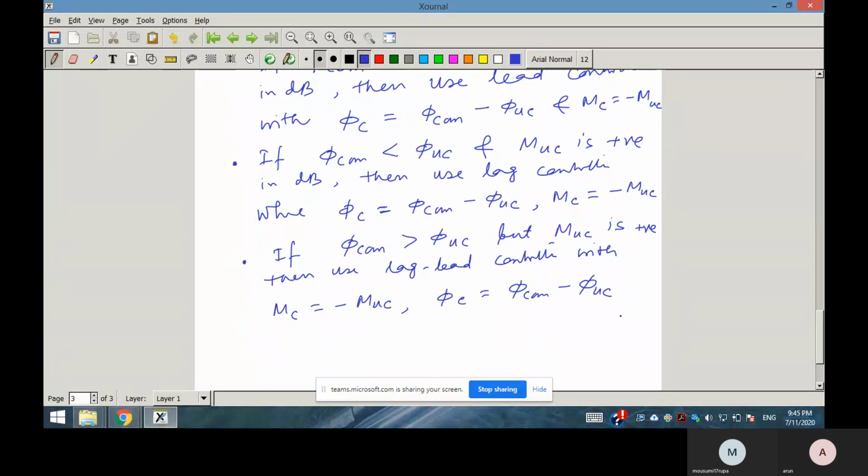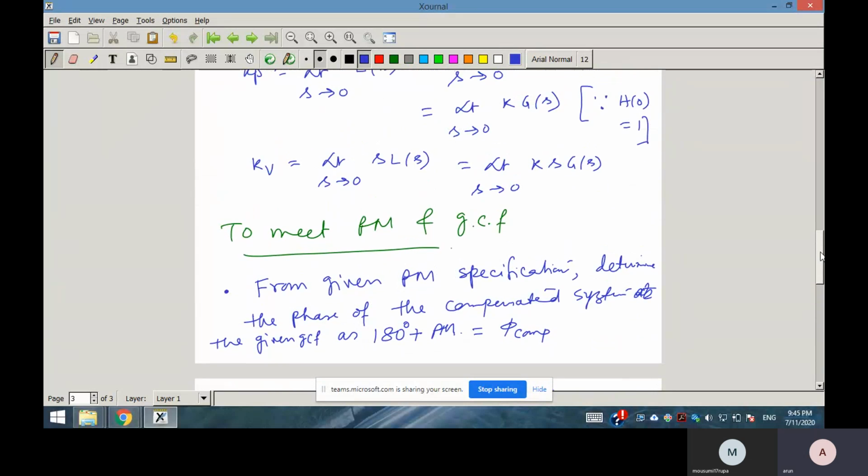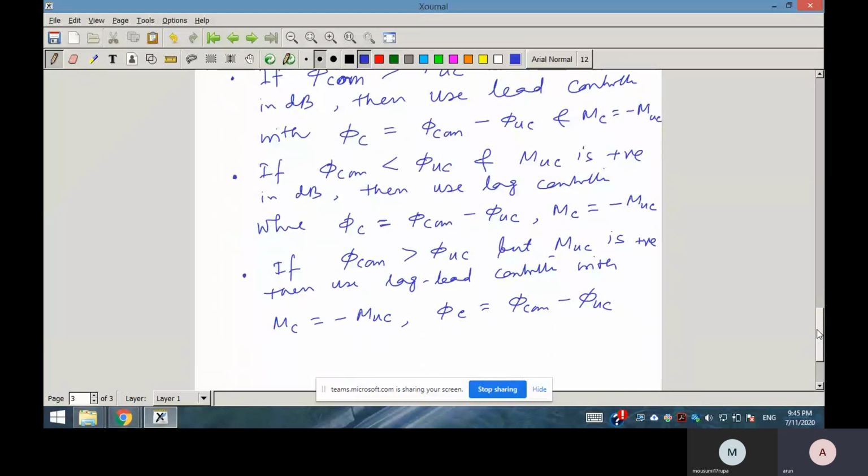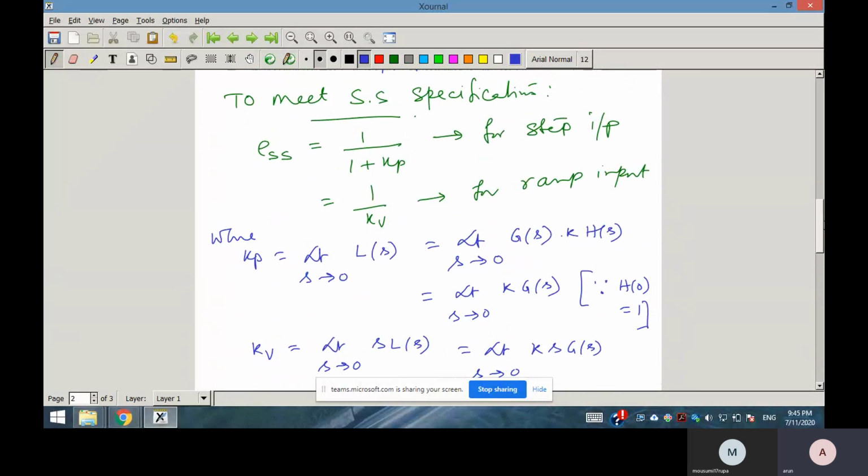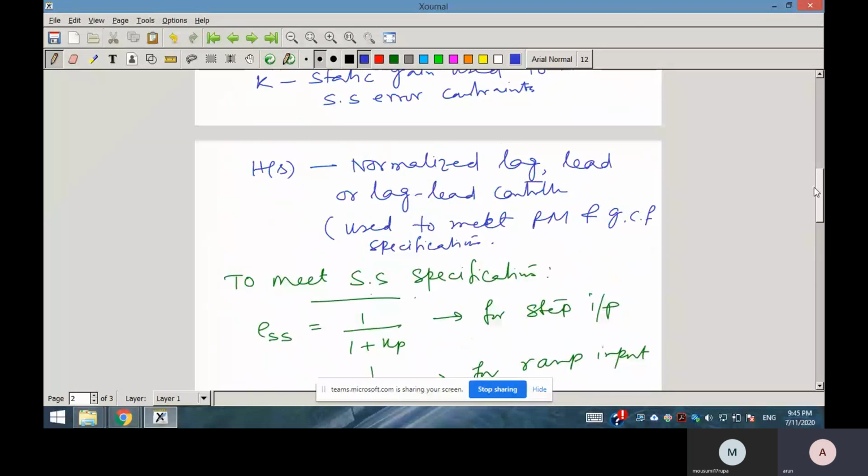Clear? So these are very important steps. I have tried to summarize all the steps so that you can design the controller easily.